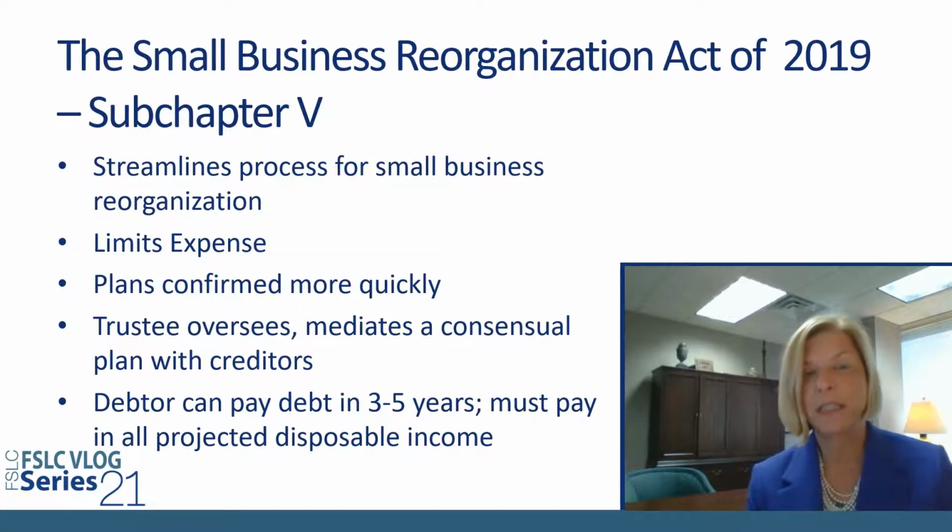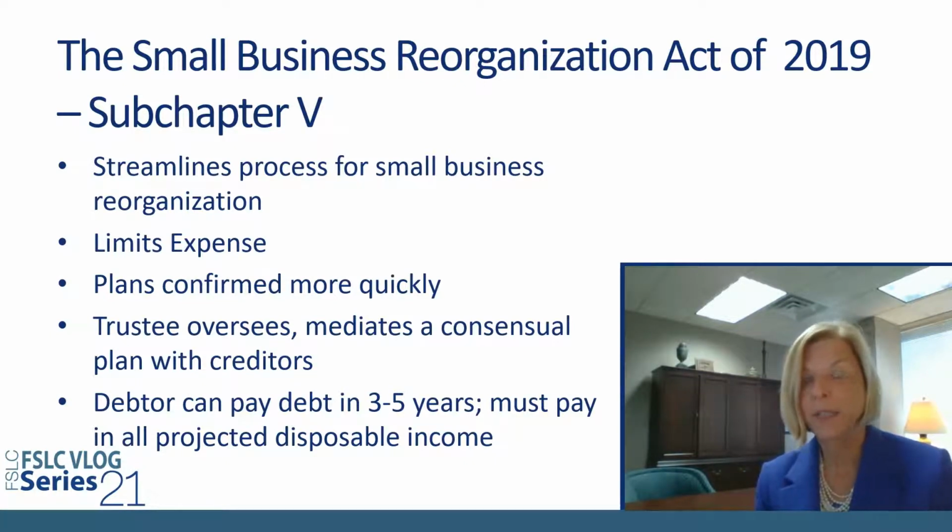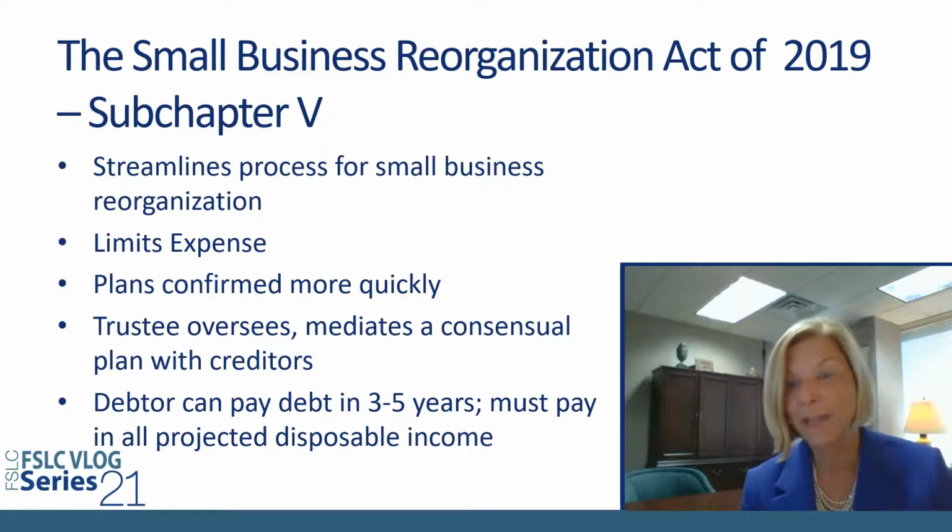The purpose is to streamline the process for small business organizations, to limit expense, to make plans get confirmed more quickly. In a subchapter 5, a trustee is appointed to oversee the business, and the trustee is to mediate a consensual plan. The plan is a much more simple plan.